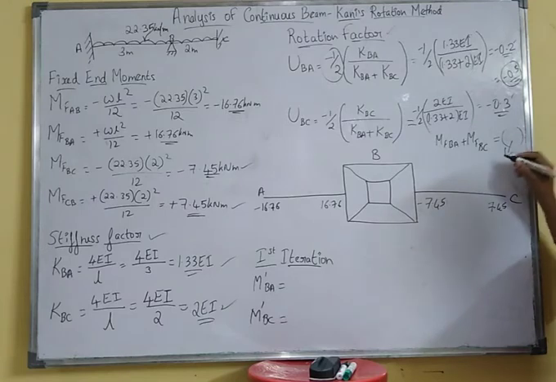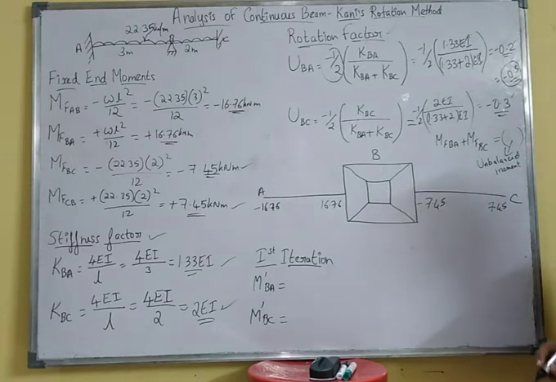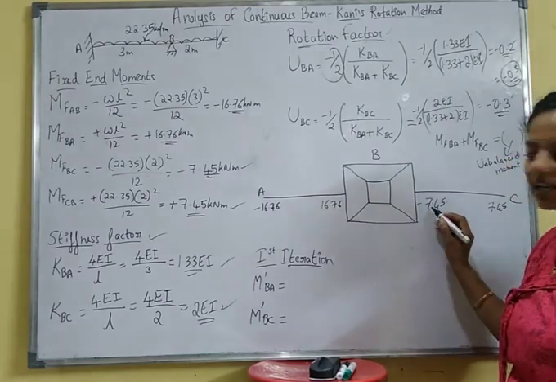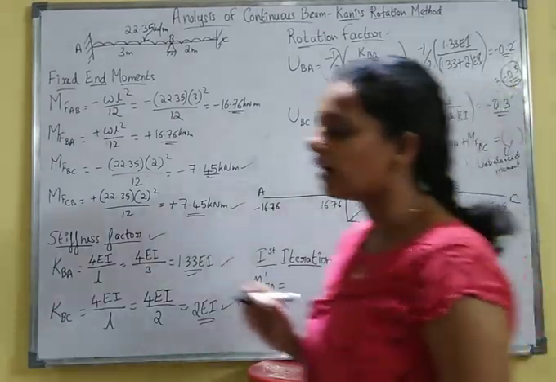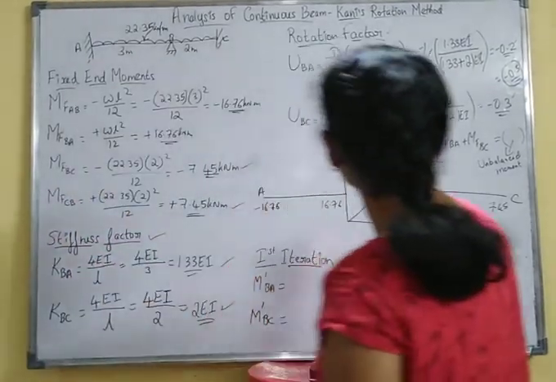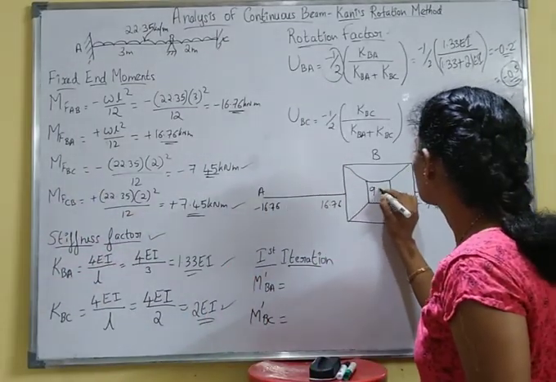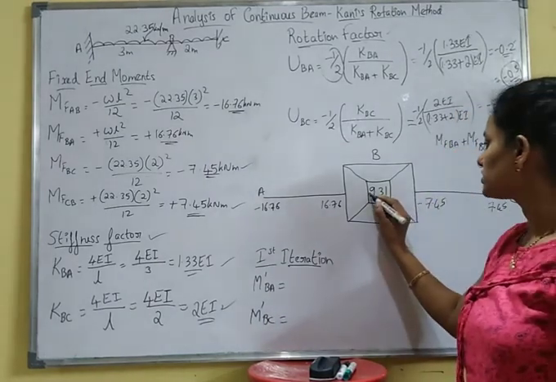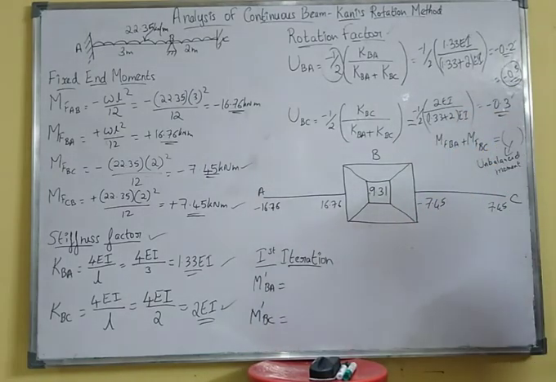So you will have some value, that is the unbalanced moment, which you put in the middle box. Just add it: 16.76 minus 7.45, you have 9.31. Here it is a positive value itself, so plus 9.31.